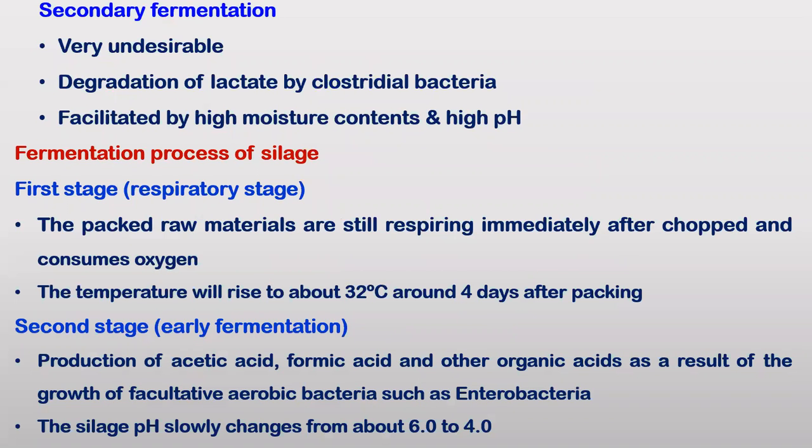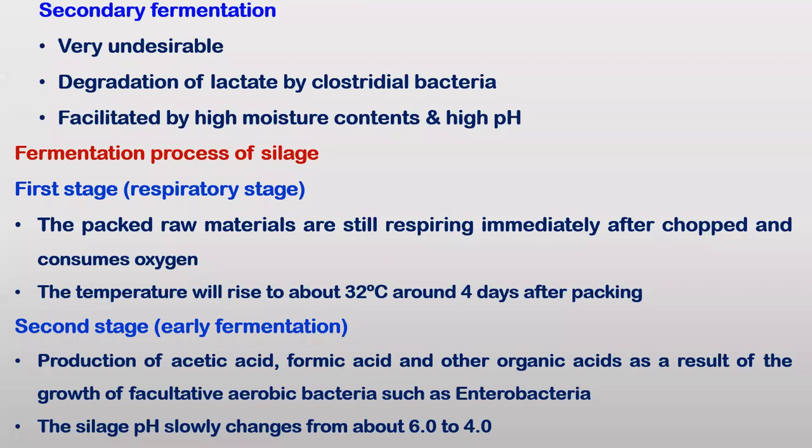So next is the secondary fermentation, which is very much undesirable, which is not required, but sometimes it also takes place while preparing the silage. This undesirable reaction is the degradation of the lactate by Clostridium bacteria. Sometimes Clostridium species may grow in the preparation of the silage. So this is not desirable for silage preparation, but sometimes it happens.